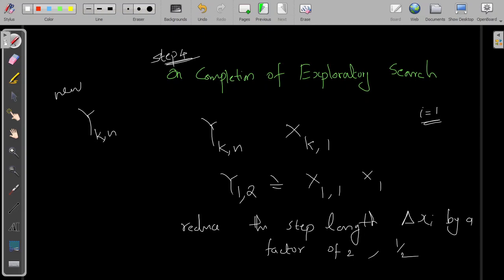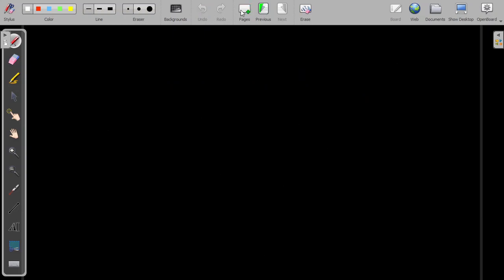Now the next step refers to the next search. Next search means the first search is exploratory search, and the second search is pattern direction search or pattern search.